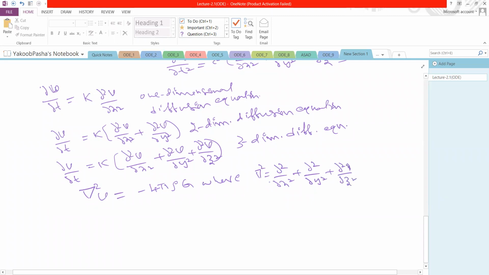This is the Laplacian operator, where G is the gravitational constant, and ρ is the mass density function.